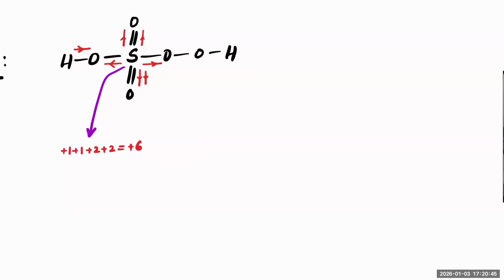So the oxidation state on this oxygen will be how much? Minus 2. Correct? Likewise, if you notice the top oxygen and the bottom oxygen, both would have how much amount of charge on it? Both are gaining 2 electrons. So minus 2 and minus 2. Now here is an interesting part.